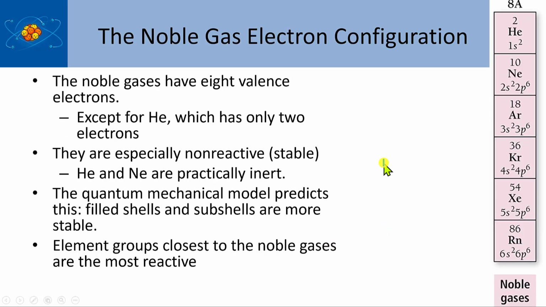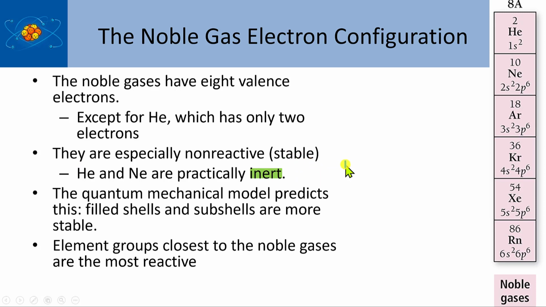One more thing too about noble gas electron configurations. These are all listed for you in your book nicely. They all have 8 valence electrons, except for helium, because he's so small, he only has 2 electrons, but that fills its subshell. We say generally that the noble gases are inert. This is the term that we use, because they don't react.